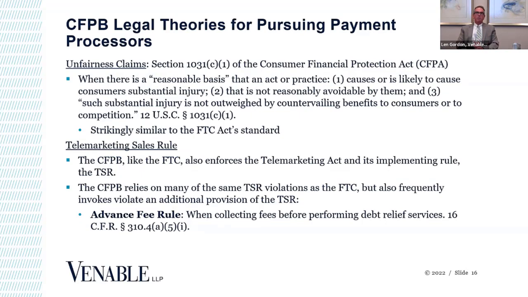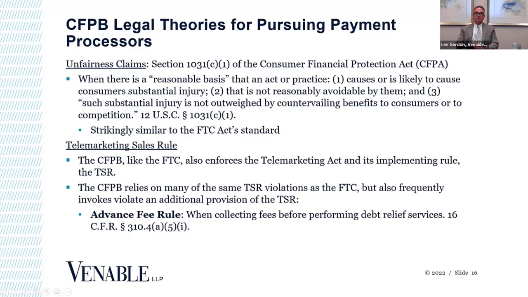Thank you. So the CFPB does have aiding and abetting authority. They call it assisting and facilitating. So it can use that authority against payment processors. It can also use unfairness authority, very similar to that which the FTC has. It can also enforce the telemarketing sales rules, so it can use the assisting and facilitating provisions there.